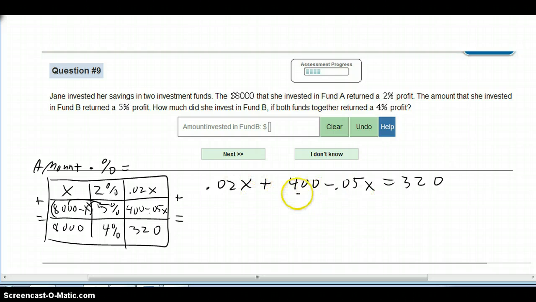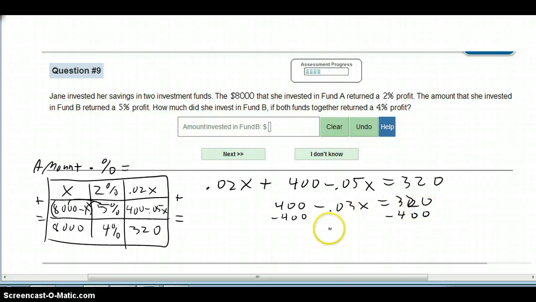If we combine like terms here, we get 400 minus 0.03x equals 320. If we subtract 400 from both sides, negative 0.03x equals negative 80.